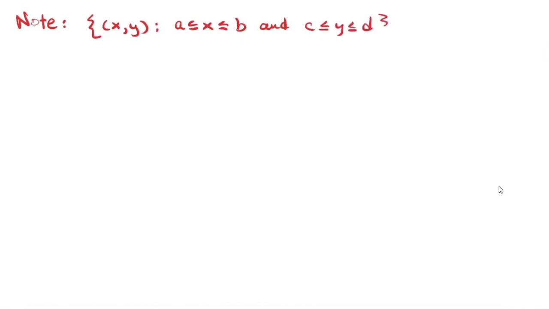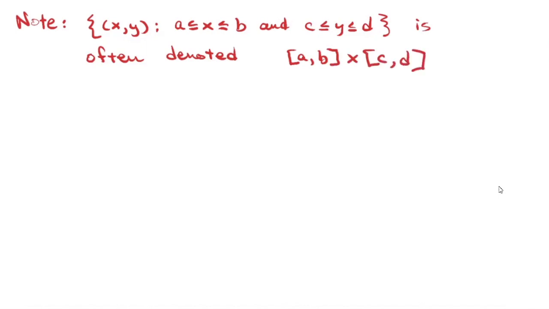So first of all, note the set of points x, y, such that a is less than or equal to x, less than or equal to b, and y is between c and d, so c less than or equal to y, less than or equal to d, is often denoted [a, b] cross [c, d]. And those are not vectors, and this is not a cross product.